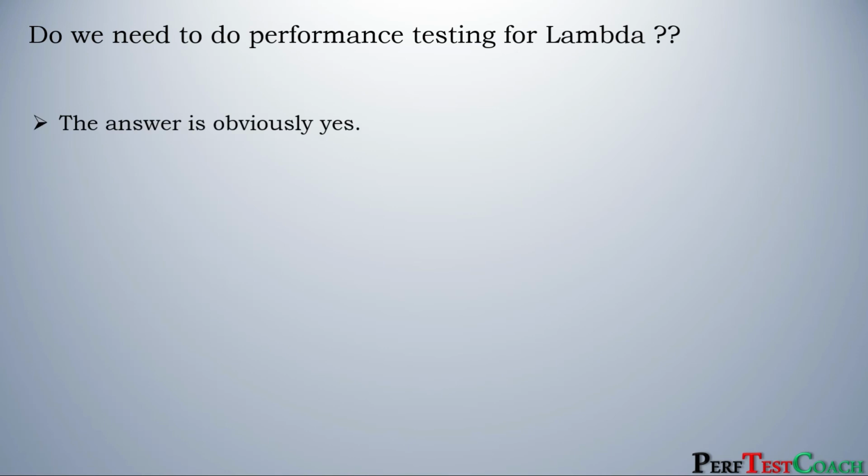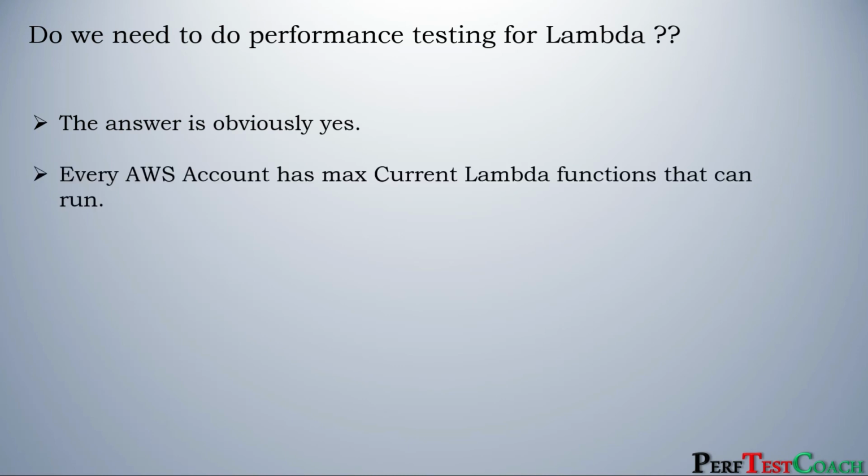There are a few things to take care of when we are developing solutions based on AWS Lambda. Every AWS account has a maximum number of concurrent Lambda functions that can run. So before deploying your application into production, you need to do performance testing to find out how many concurrent Lambda functions your application needs. And also, every region has initial burst limits, which means if there is a sudden spike in the load on your Lambda function, then requests will be throttled.